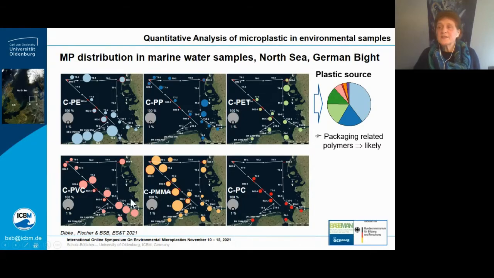Looking at the clusters of PVC, PMMA, and polycarbonate, we see a completely different pattern that is even more concentrated far away from the coastline. And here a relation to ship traffic might be the case.